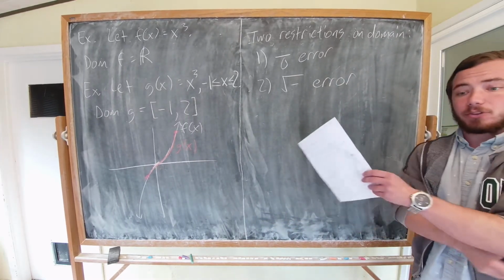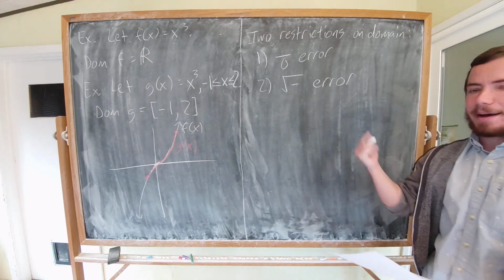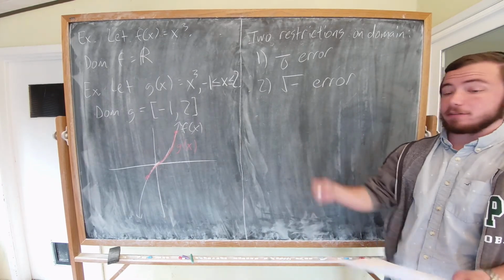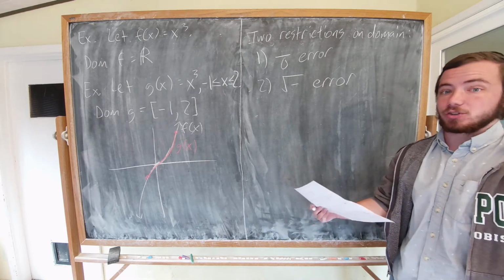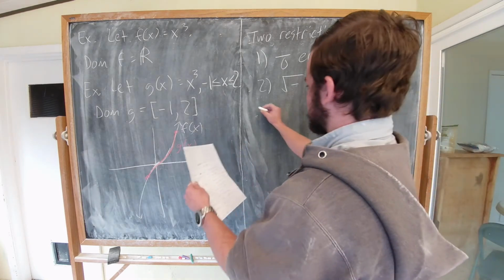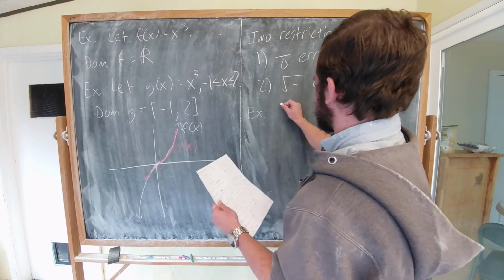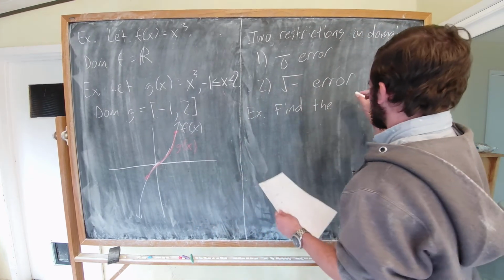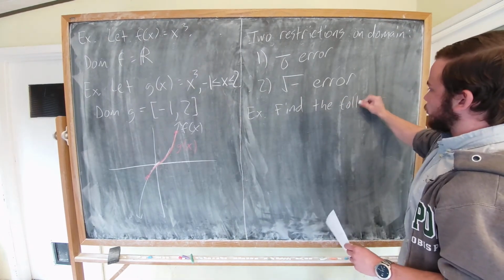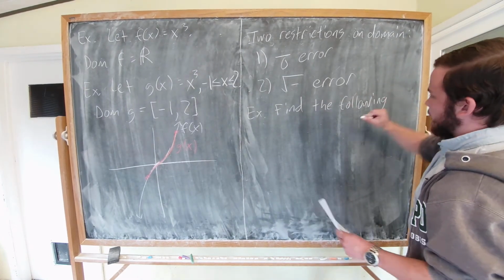Alright, so let's compute one or two domains. I'm going to assume that you've seen all of this before since you've passed a pre-calculus class, and therefore I'm not going to do too many examples for it. So let's find the following domains.